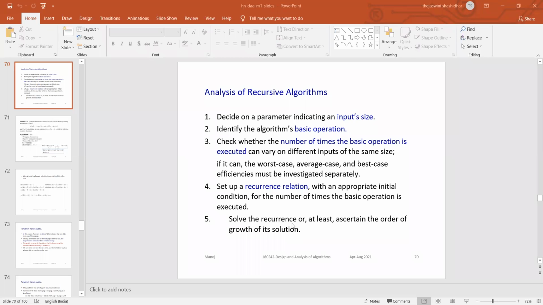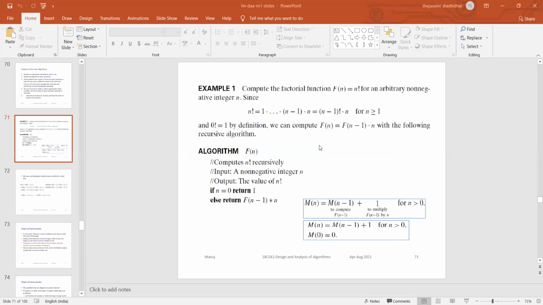Okay, so now I am going with one of the examples. What is the example we have already discussed? We have gone with factorial. Can you tell what is the formula for factorial?